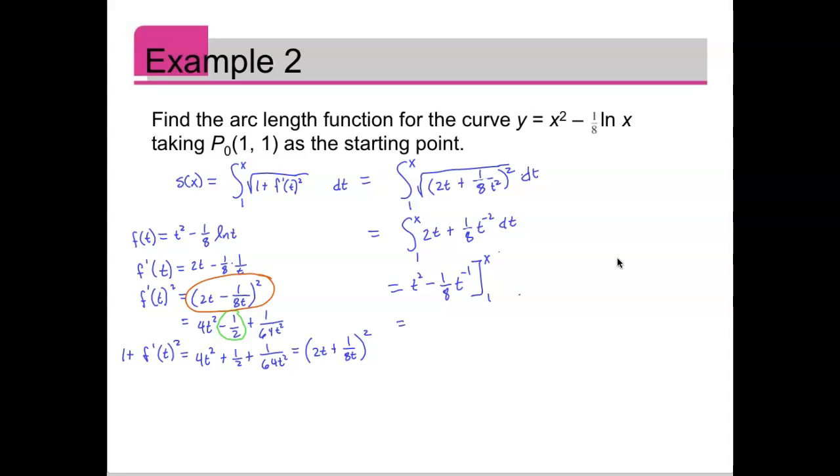Plugging in x, I get x squared minus 1/8 x to the negative 1. And then plugging in 1, I'm going to have minus 1 minus 1/8. So final answer, x squared minus 1 over 8x minus 7 over 8.